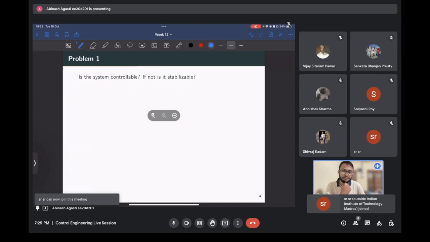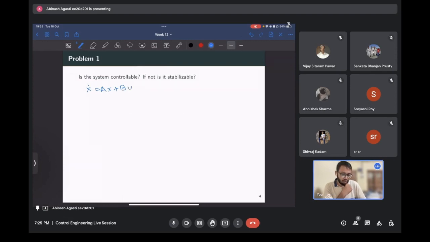Anyone? You are given a system x dot equal to Ax plus Bu. How do I check whether this dynamical system is controllable?